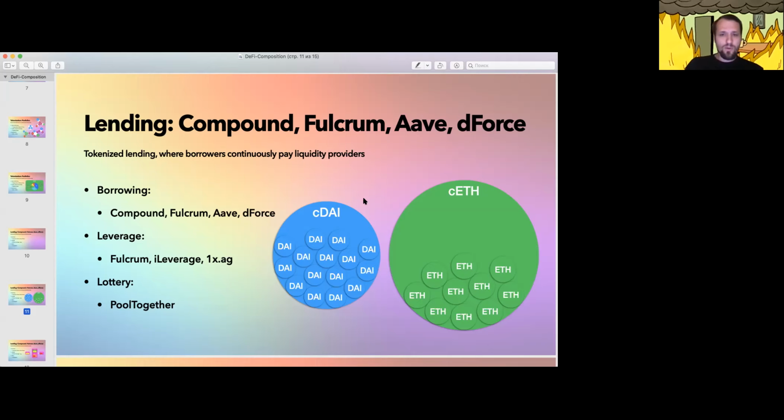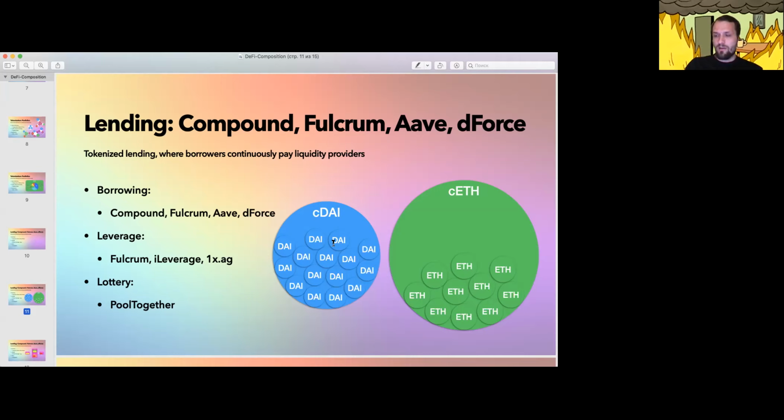So you can wrap your DAI into C DAI, and you will start earning immediately, because those people who wrap their tokens are providing liquidity for those who want to borrow. So those who borrow pay to those who provided this liquidity.